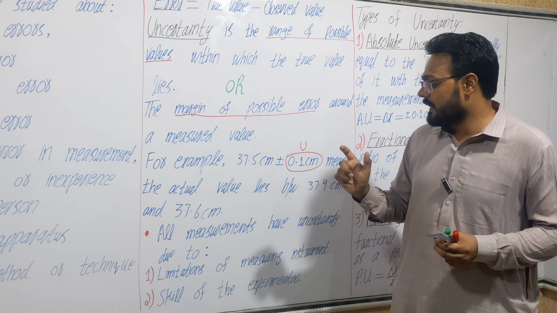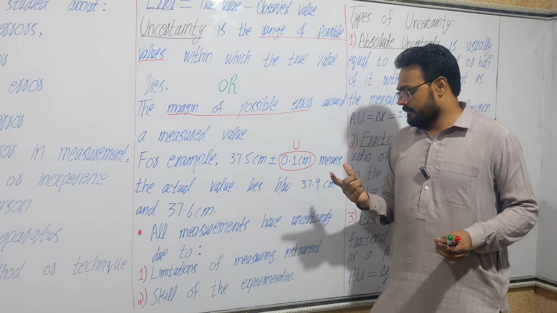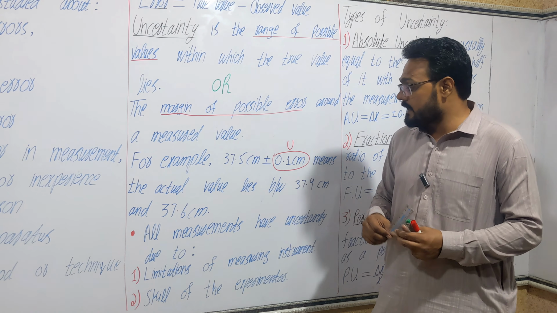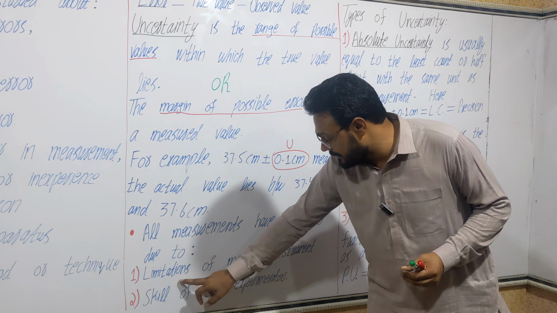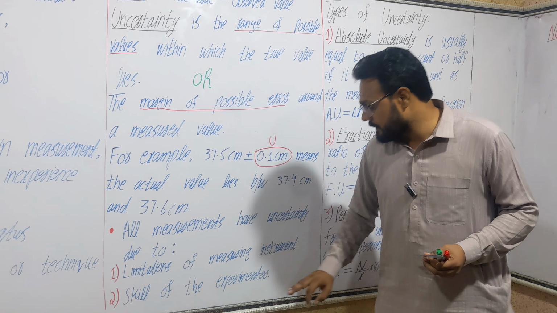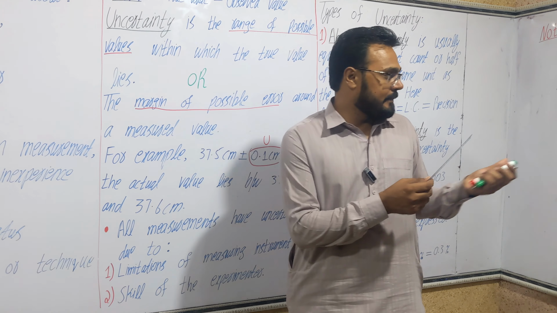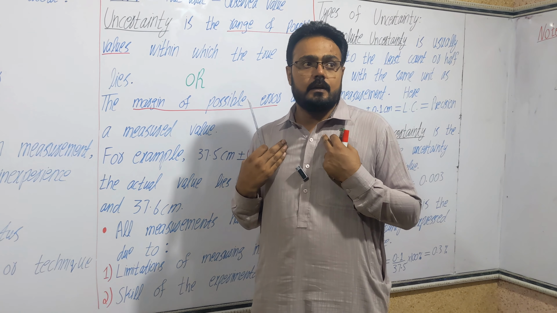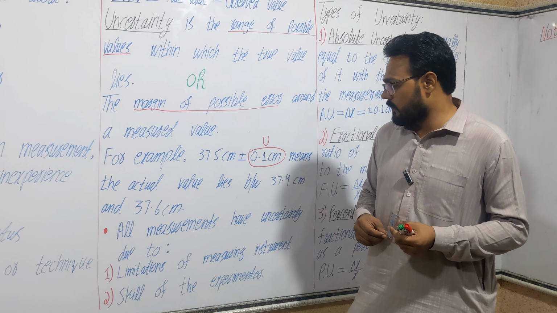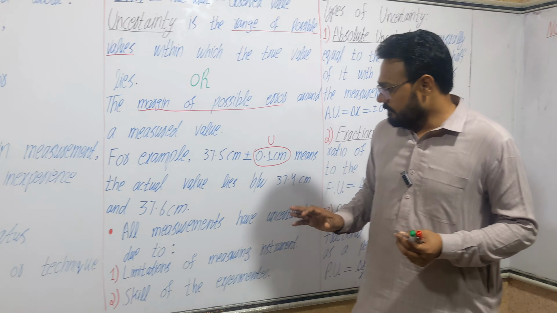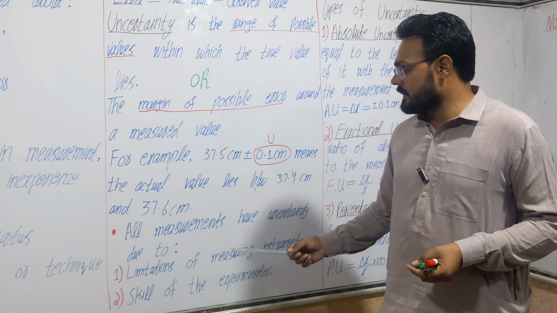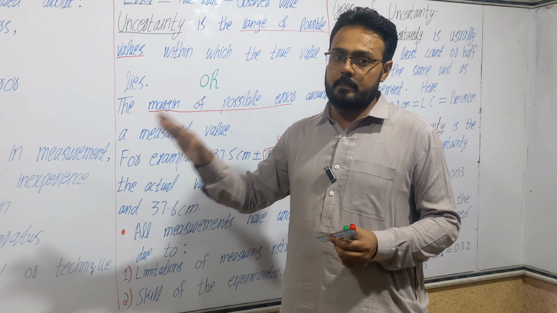So uncertainty occurs because of the limitations of the measuring instrument and the skill of the experimenter. I'm doing the experiment here, I'm the experimenter. Because of both of these, uncertainty occurs in every measurement.